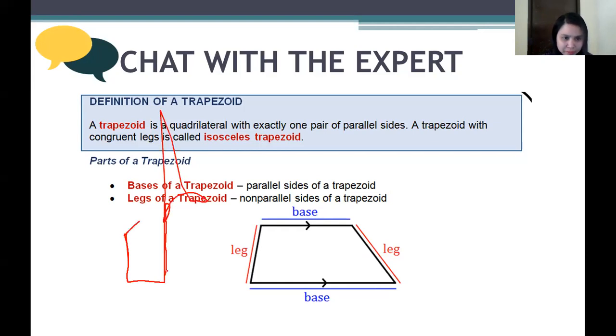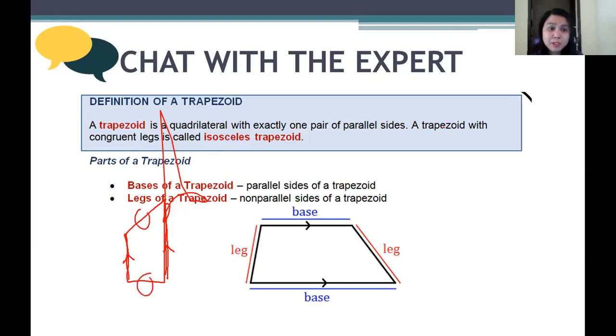Like these two are parallel sides and the other two are non-parallel. So the parallel sides will be called the bases. So not all bases are at the bottom. They can be at the sides as long as they are parallel. So these are called the bases, while these non-parallel sides, these two, are called the legs.